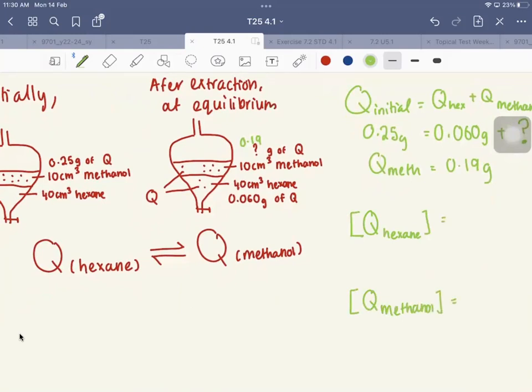Now, since both are in grams per centimeter cube or grams per dm cube, they will cancel out later on, okay, because they are a 1-to-1 ratio.